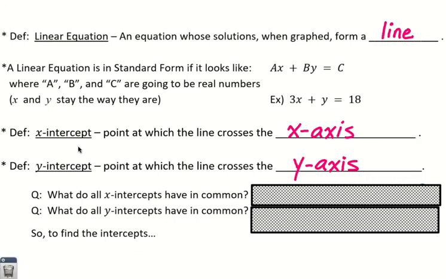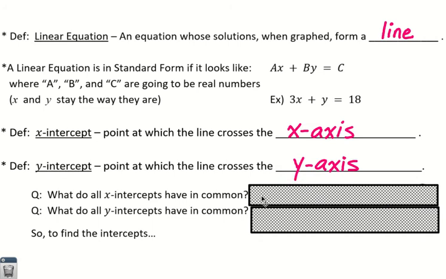And here's a question for you. What do all the x-intercepts have in common? And not specifically that they're all on the x-axis. Let's be a little more creative than that. What does that mean, that they're all on the x-axis?